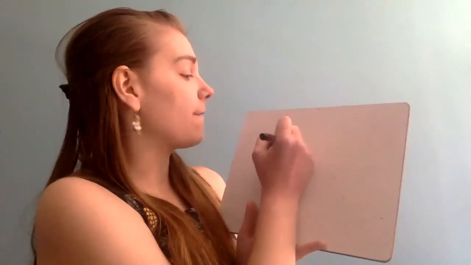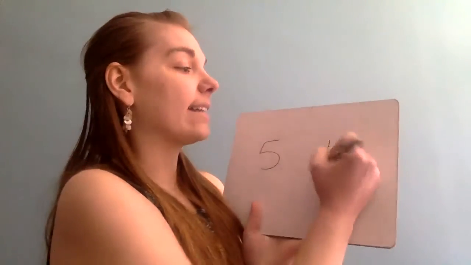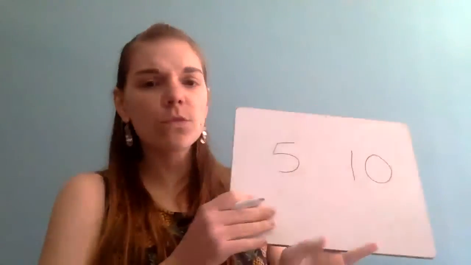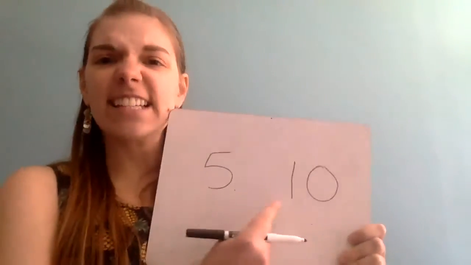And so I actually drew my own hungry alligator that we're going to work with today. So let's work with some similar numbers that we did in the last lesson. Our first set of numbers is 5 and 10.